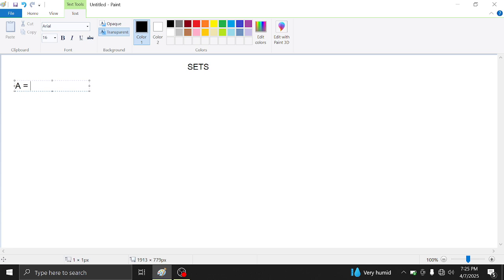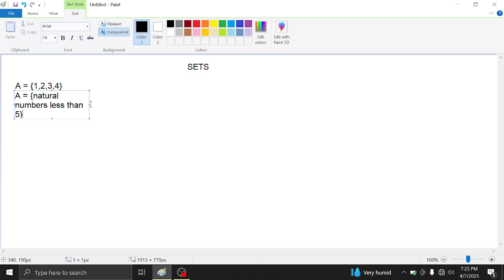So it's going to be natural numbers less than 5, 1, 2, 3, 4, for listing the members, and for defining the property, we're going to put that in words. So A will be equal to natural numbers less than 5. All right, so that's how we describe sets.